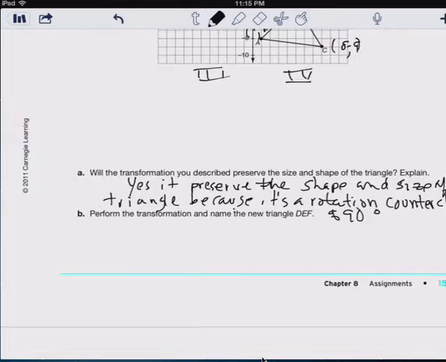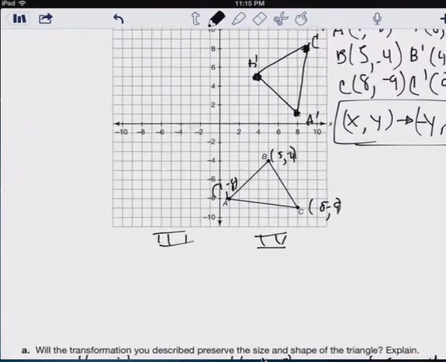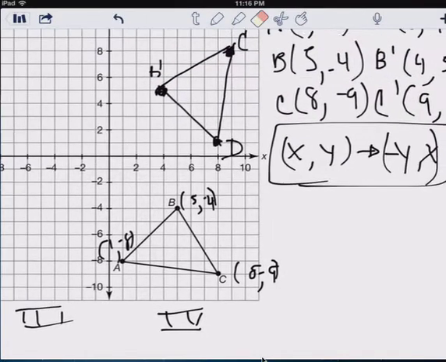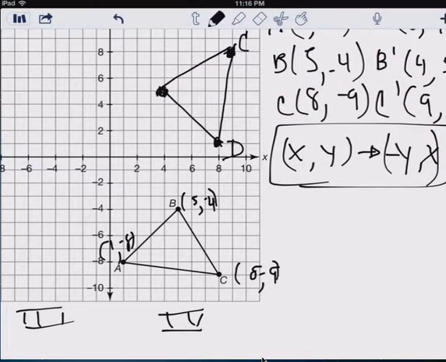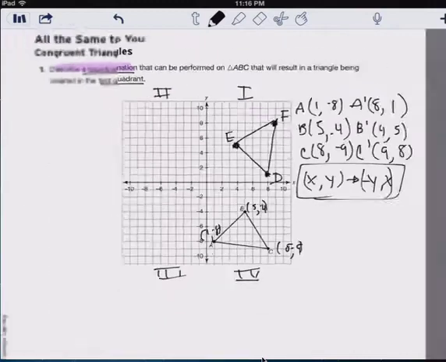Oh, perform the new triangle and label it D, E, F. So instead of A prime, B prime, A gets D, B gets E, and then C gets F. Okay?